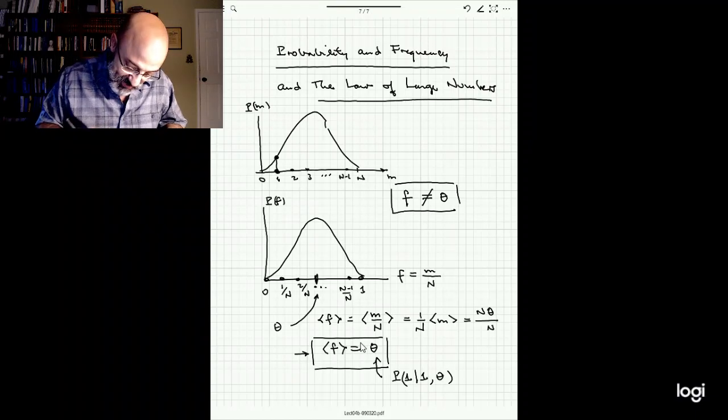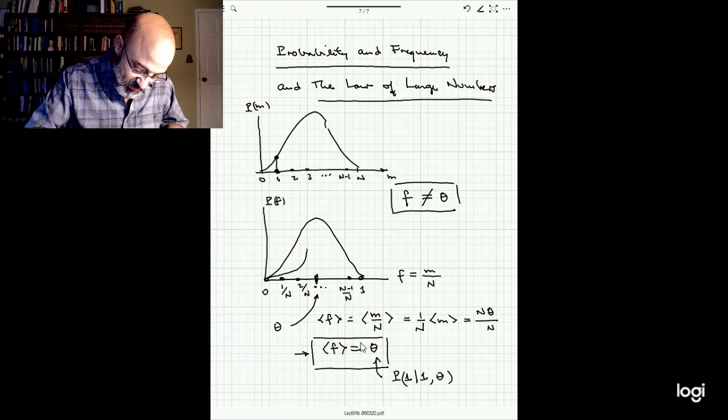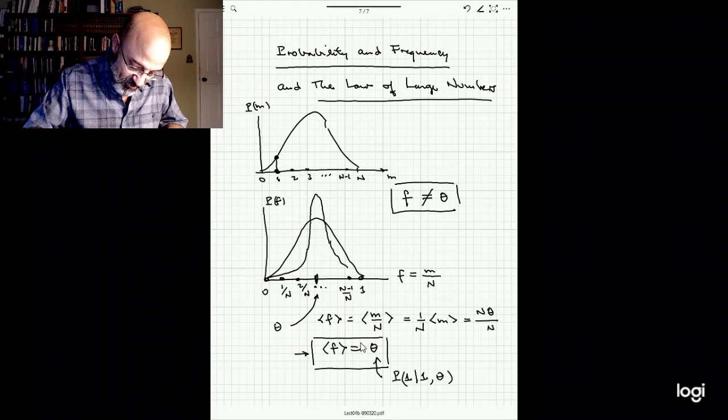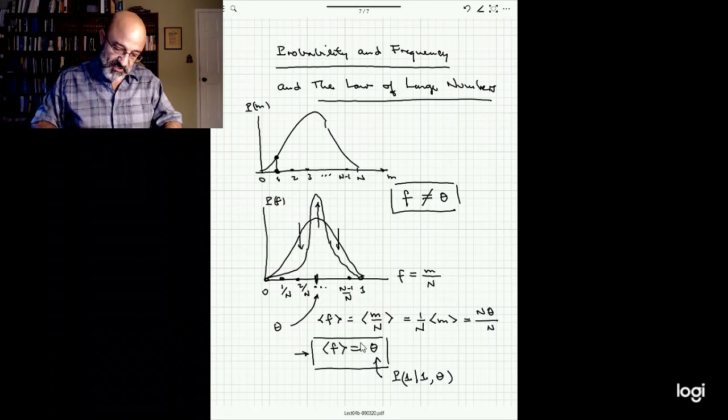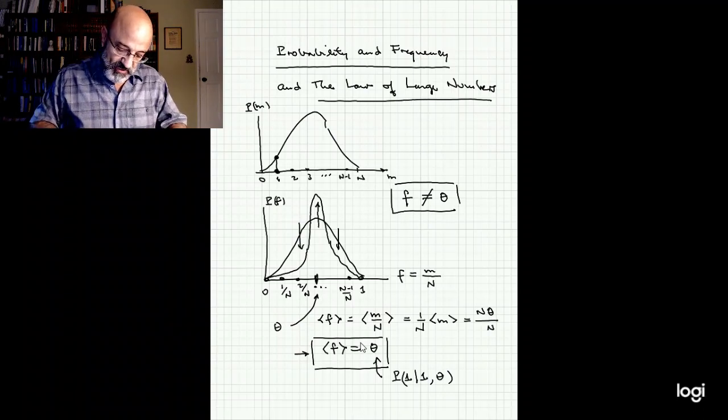Very good. What happens when n becomes large? When n becomes large, the width of the distribution becomes narrower and narrower. This peak goes up and these guys here go down. And so let us figure out what the width is going to be.